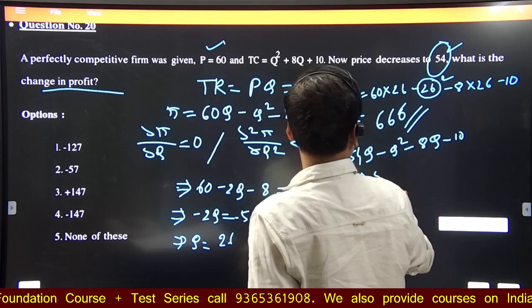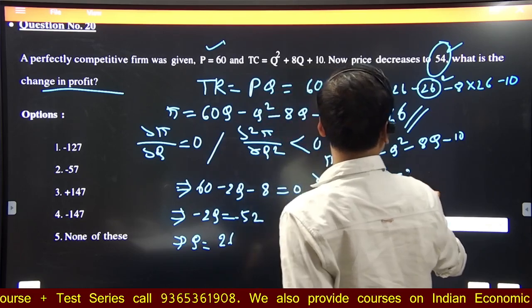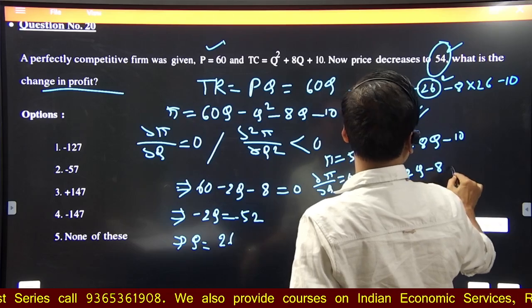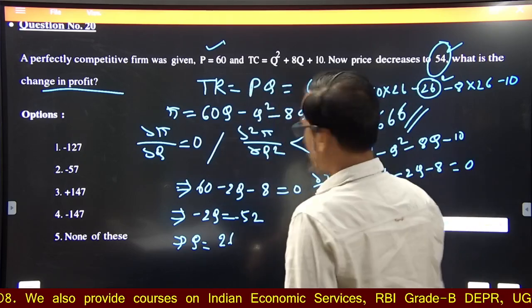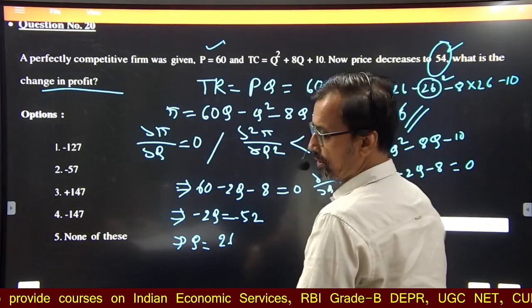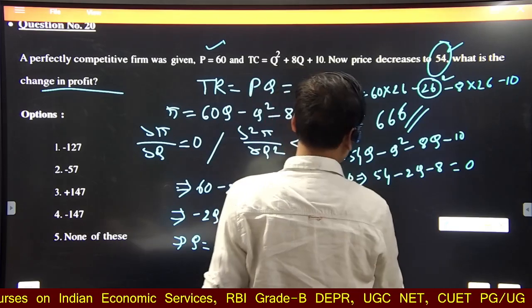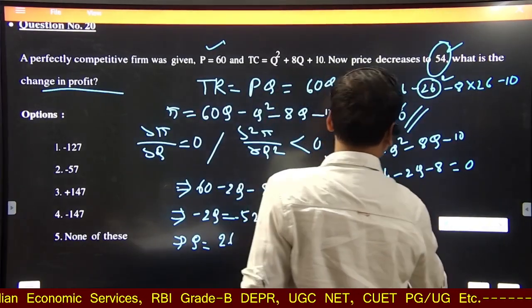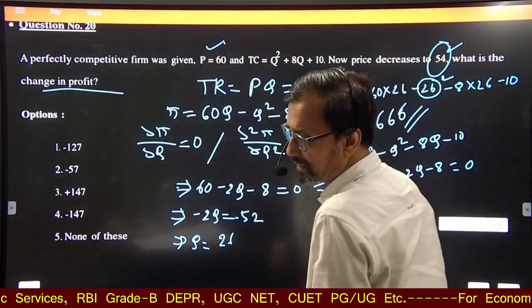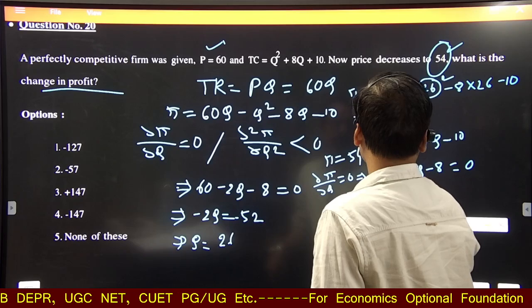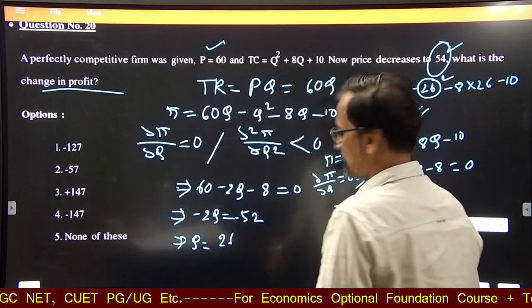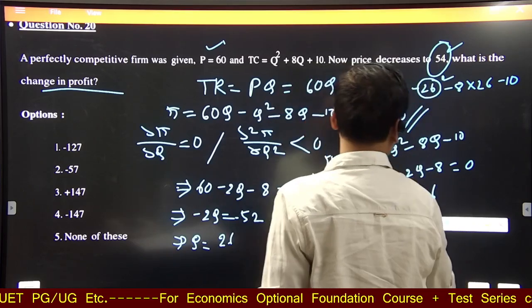That is 54 minus 2q minus 8 is equal to 0. So here we will get minus 2q is equal to 54 minus 8, that is minus 46. So now q is equal to 23.